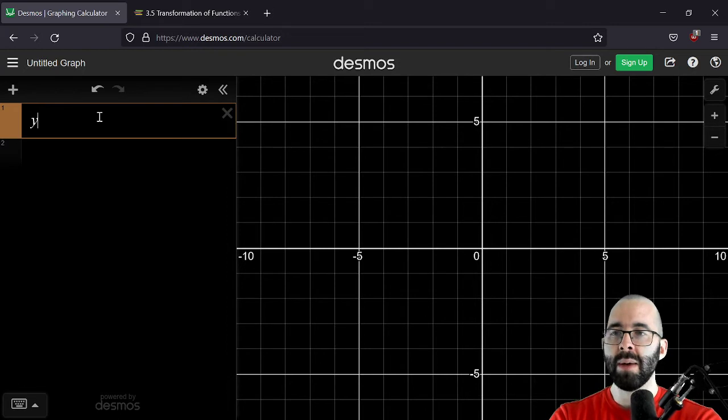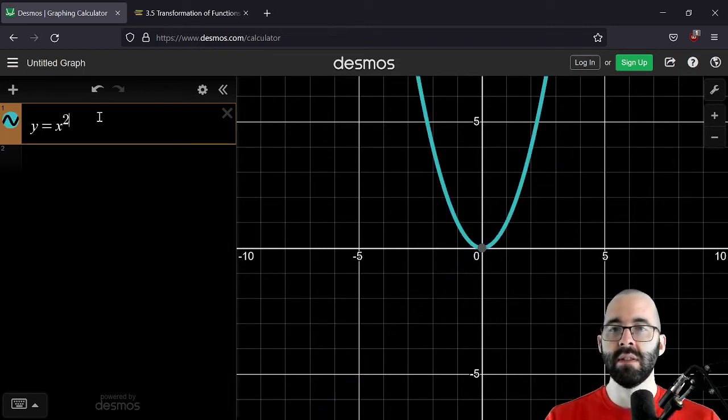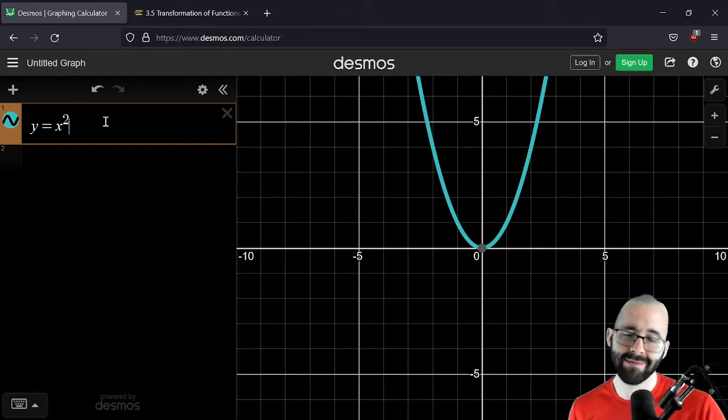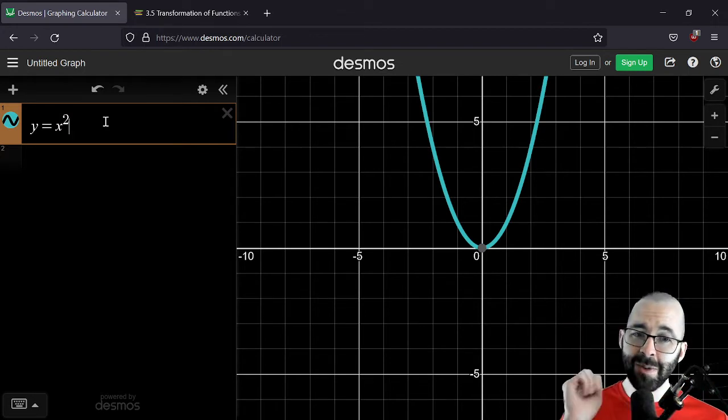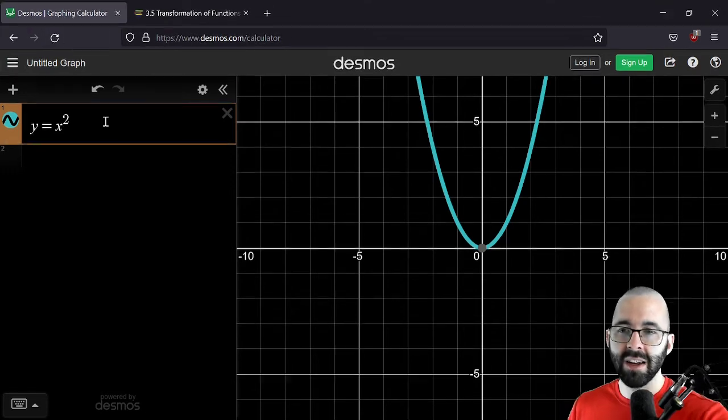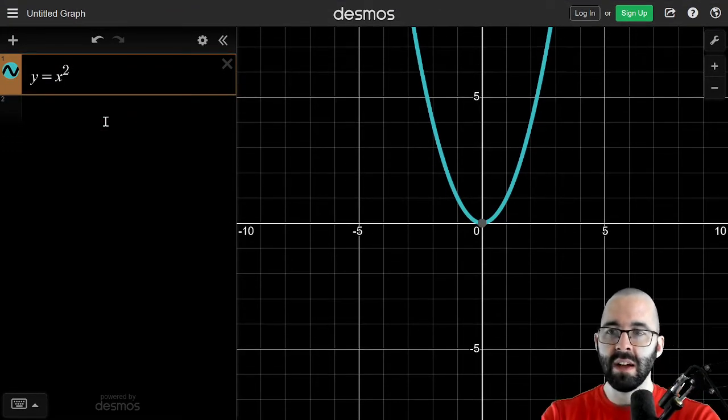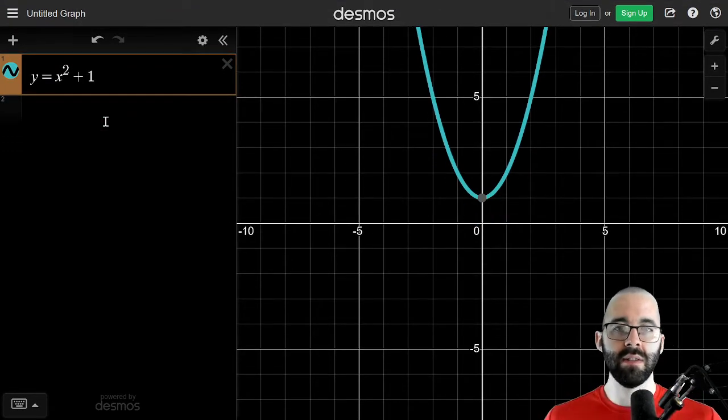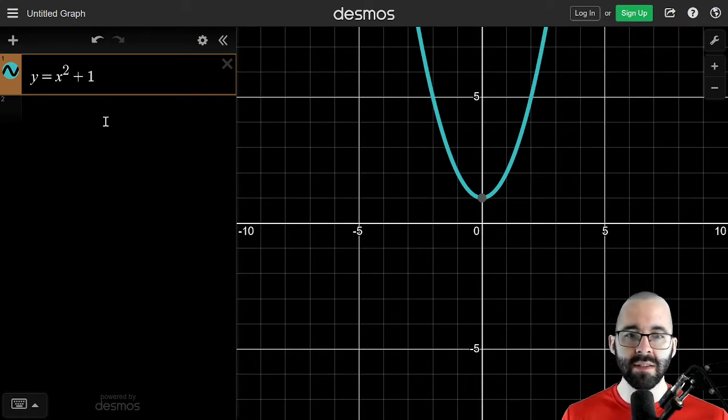Let's say a parabola. I love parabolas. Let's see what happens when I, for example, add 1. If I add 1, this increases all the y values by 1, right?